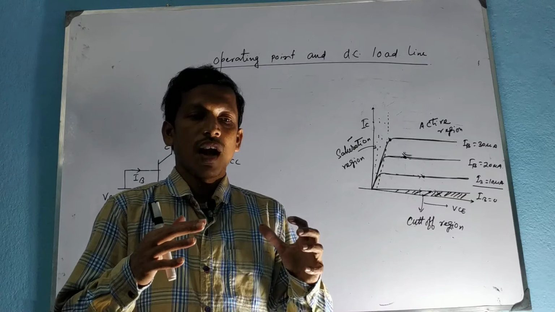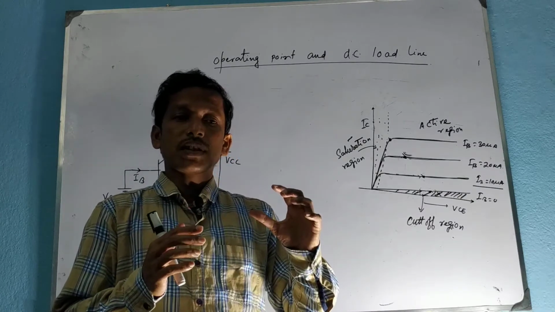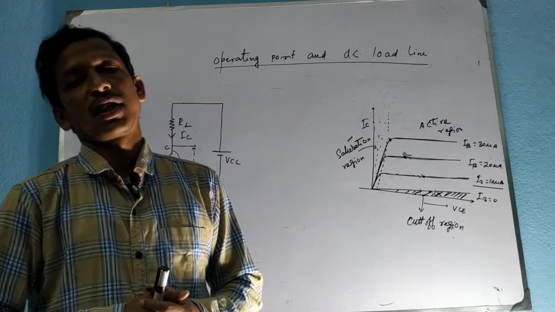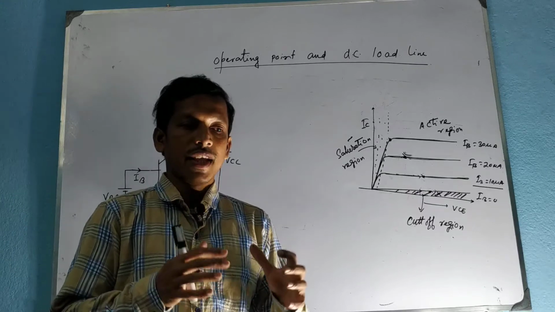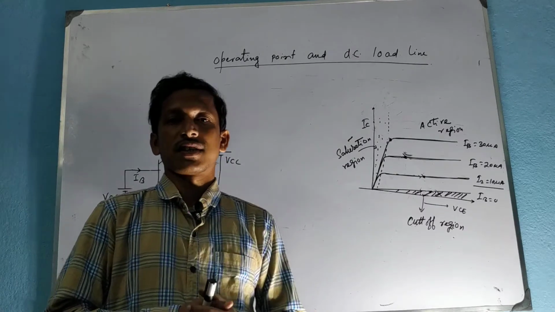That means how much current is flowing through the transistor and how much voltage appears across the output terminal of the transistor circuit in the absence of any input signal applied to the transistor circuit.